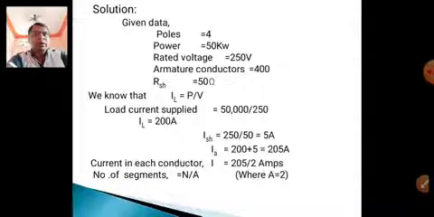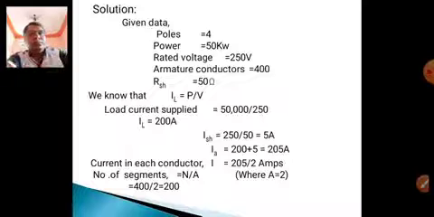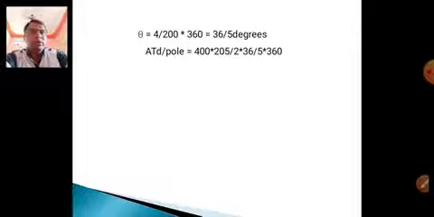The number of segments is equal to number of conductors by 2, that is 400 by 2, that is 200. So theta equal to 4 segments by the total number of segments, 200, into the total 360 degrees. So 4 by 200 into 360. We get the value of 36 by 5 degrees.